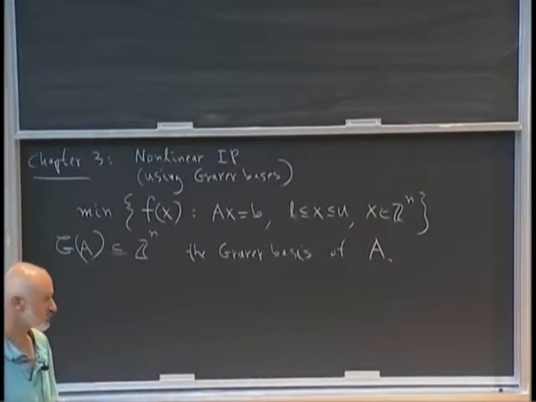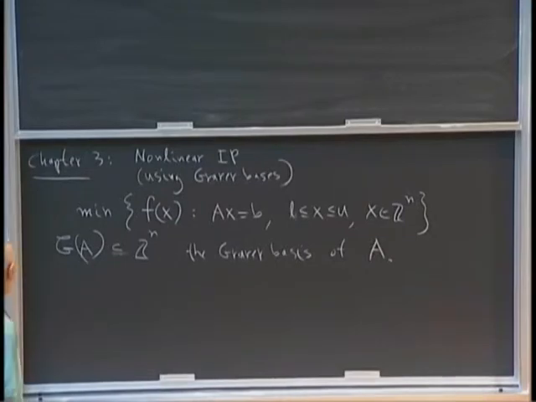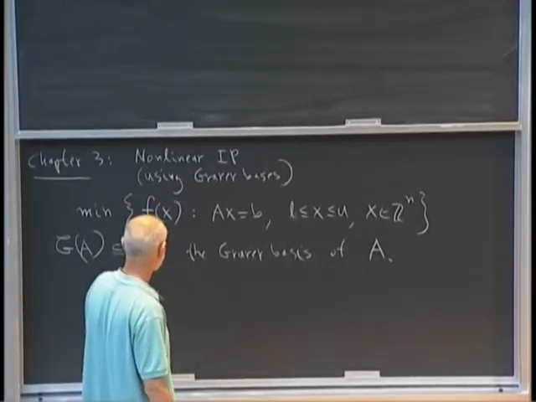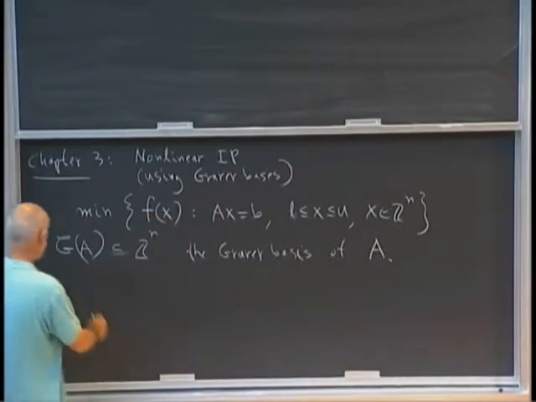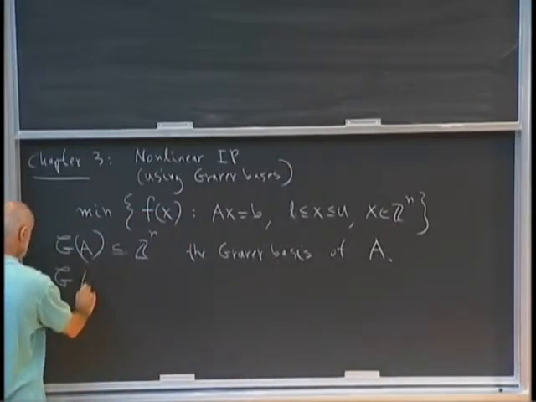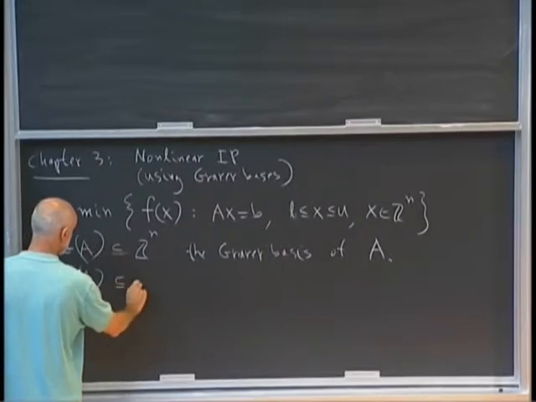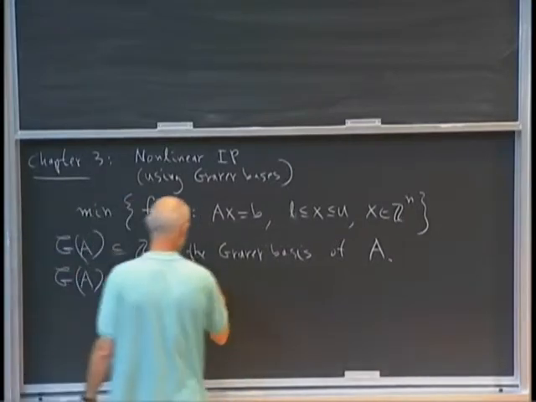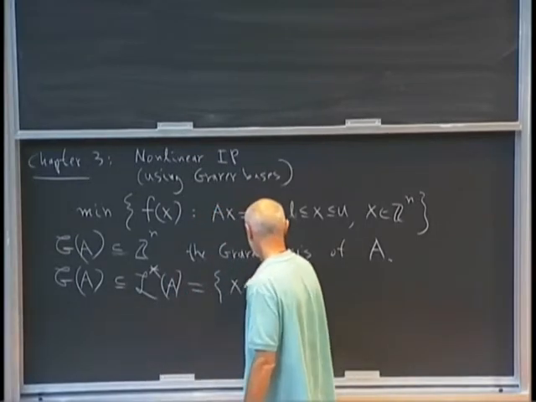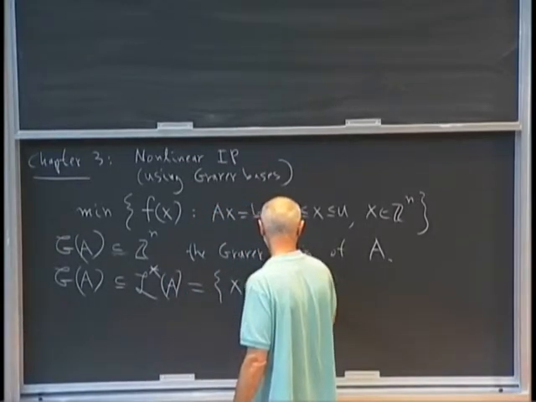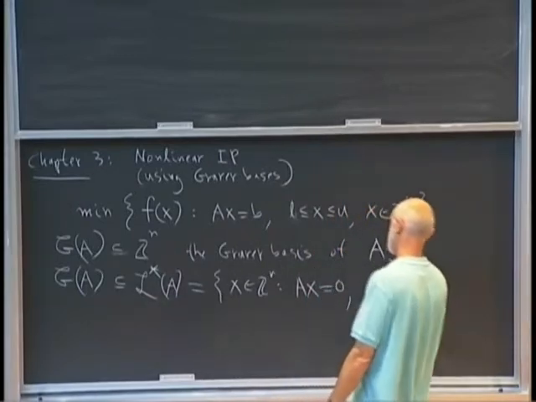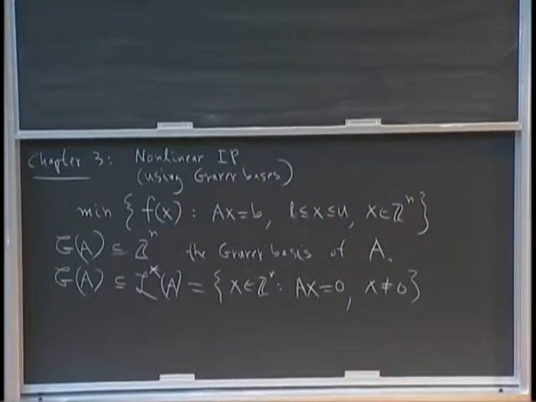Finite set of vectors in the kernel of the matrix. So maybe I should actually say this, the Graver basis of A. Let me also remind you, this is contained in the lattice of A, which is a set of all x in Zn, x non-zero. It's a finite set.